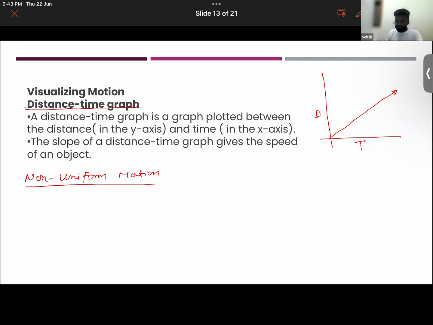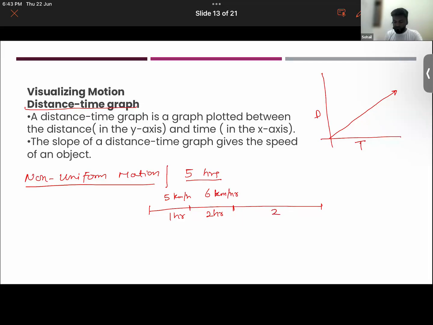Exactly. So say a person is traveling for 5 hours. Let's say for the first 1 hour, the speed of the person was 5 kilometer per hour. For the next 2 hours, his speed was 6 kilometer per hour, right?